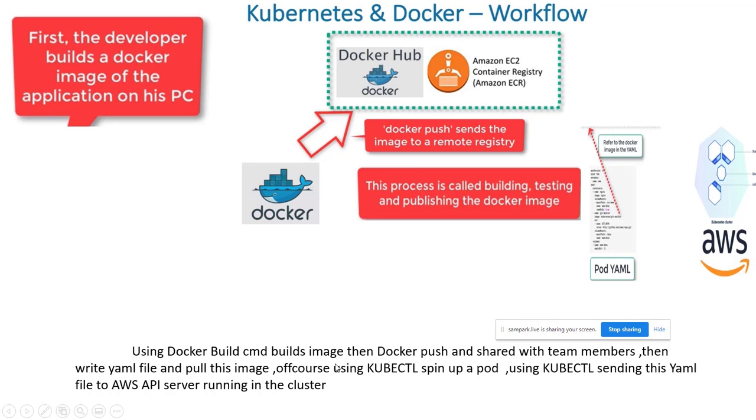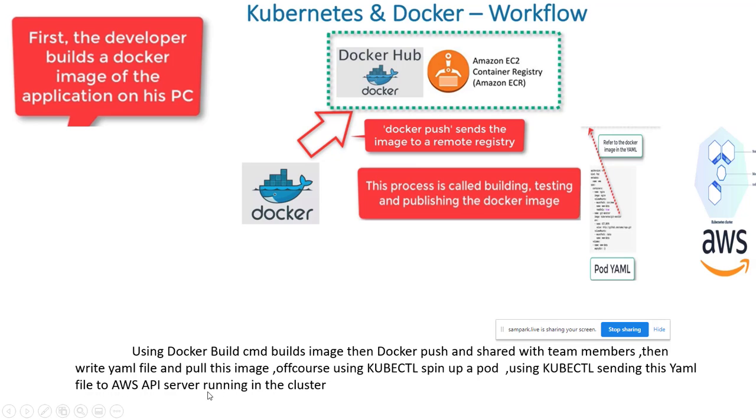Of course, if the image is already built, then you don't have to build it again. But if it is a fresh application, then you have to build an image from scratch. So the first part is application development, then Docker build, then Docker push.